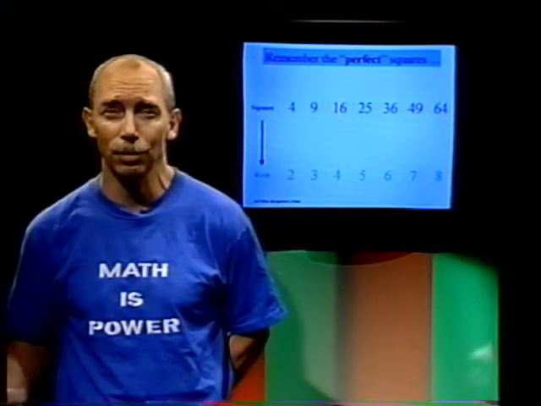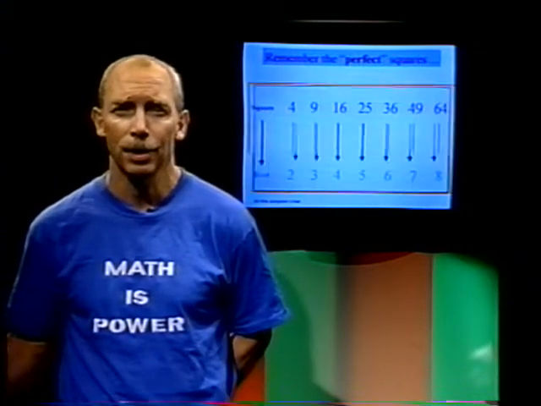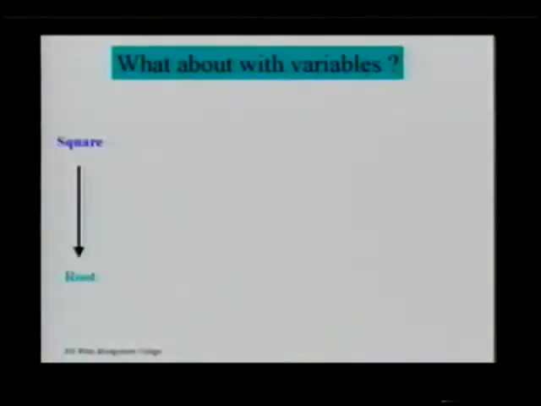You're going to need to know the perfect ones for variables as well. Basically, any even variable exponent is going to be a perfect square. For instance, the square root of x to the second is x to the first. Square root of x to the 4th is x to the 2nd. The square root of x to the 6th, that was the first crazy one, is x to the 3rd. Remember why? x to the 3rd times x to the 3rd, and we add exponents, gives us x to the 6th, so it's a valid square root.